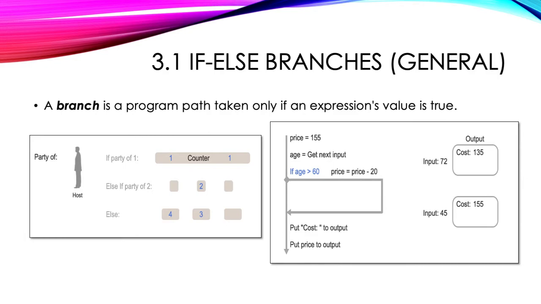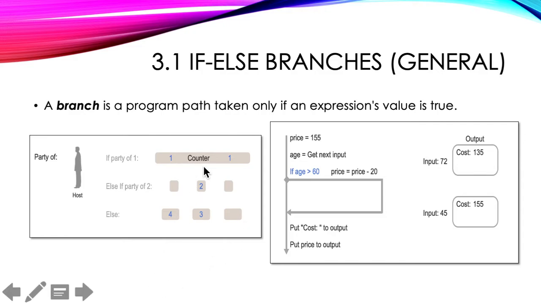So in branches we have if and else statements. Over here we see an example. Here they ask if the party is 1, else... In a restaurant, the host will bring the customer over to the counter.